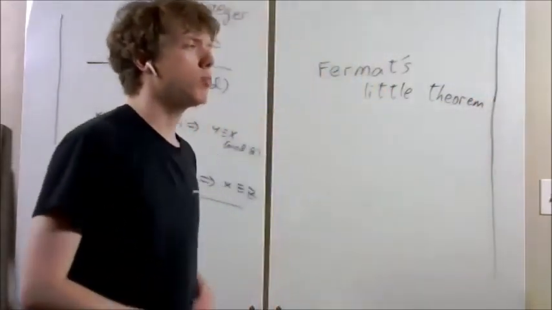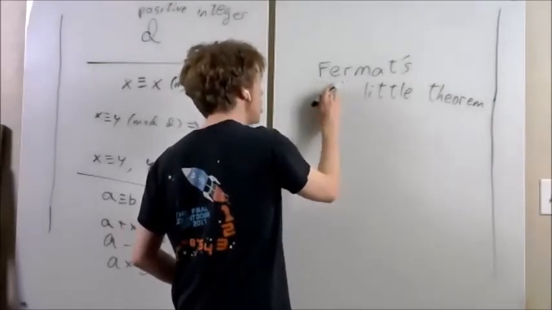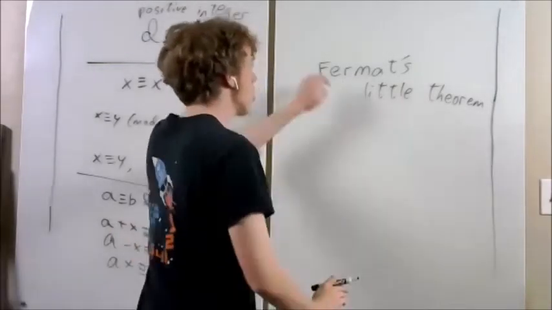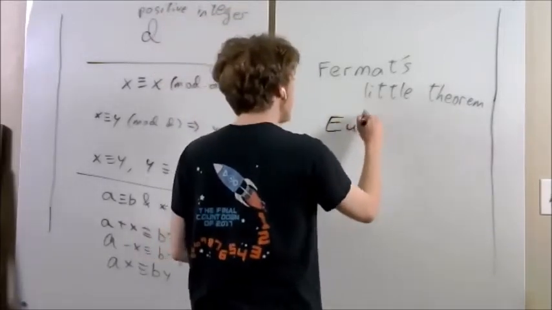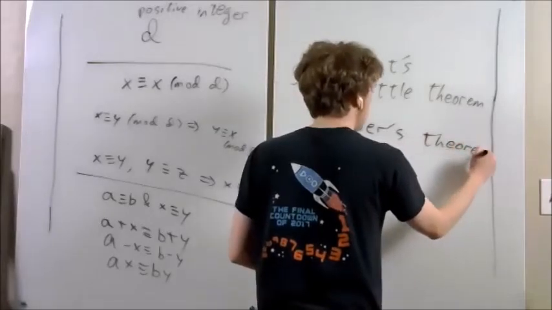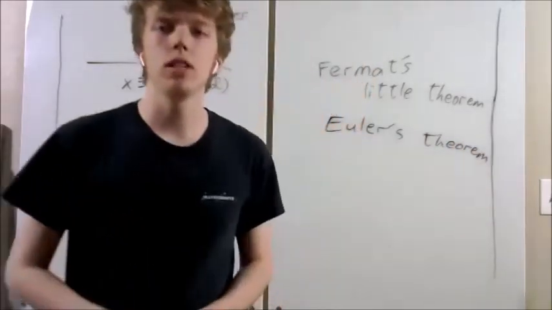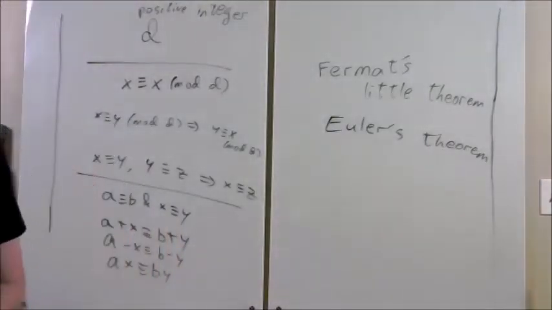But its Wikipedia page is probably called Fermat's little theorem. And there's a generalization of it, something more powerful that applies in more situations, called Euler's theorem. These are both important, and you should look them up. But I have only 15 minutes left, so I'm going to skip them for now. Sorry, but look them up, they're important.